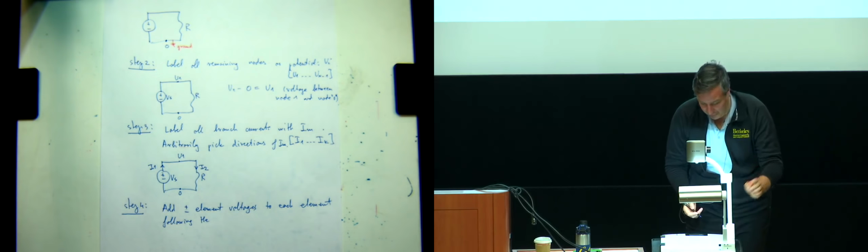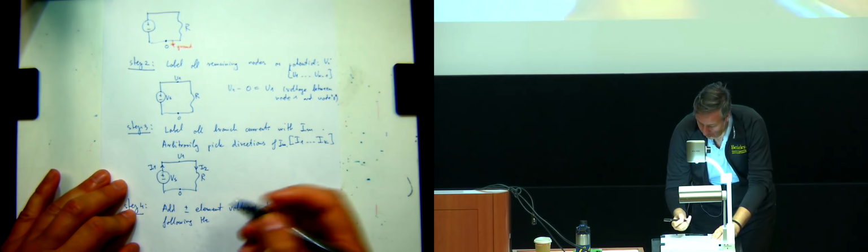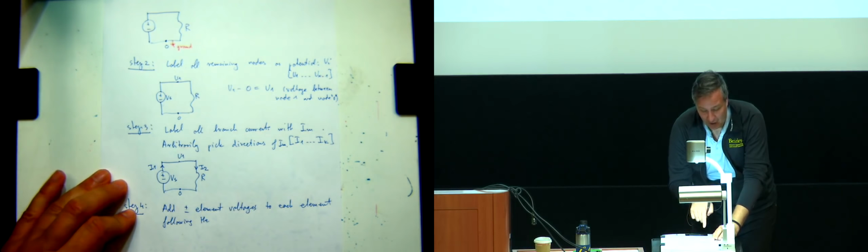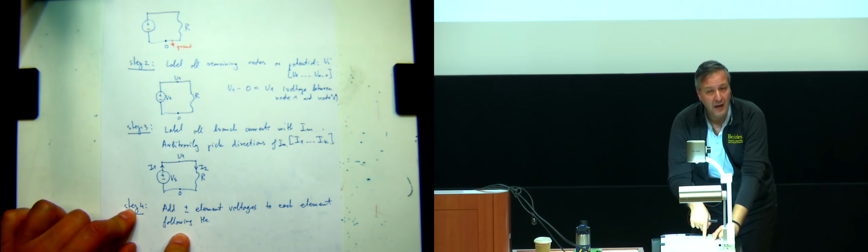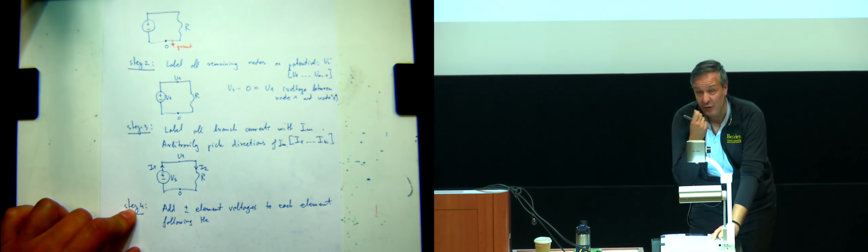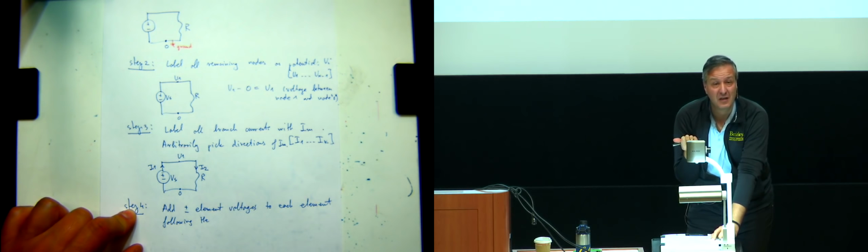That's a great question. But now in this step 4, I have to relate the element voltage to the element current using which convention? Something we talked about 10 minutes ago. Passive sign convention, right?